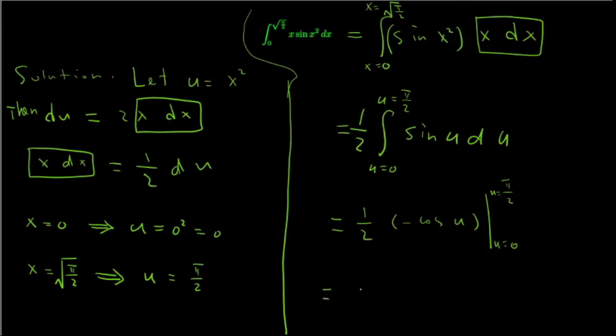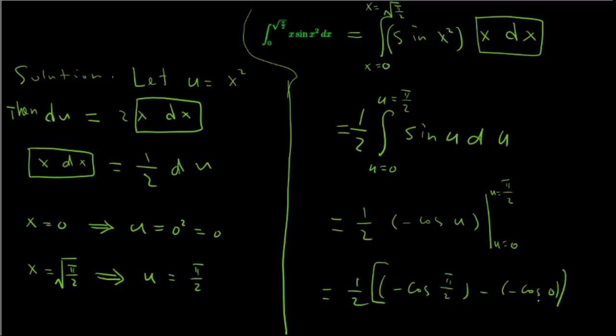I think you have 1/2 of plugging in the upper limit, negative cos of half pi, right? And then minus negative cos of 0. I think the final answer is 1/2. Is that right?